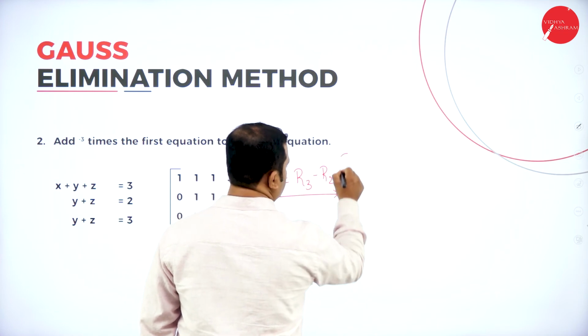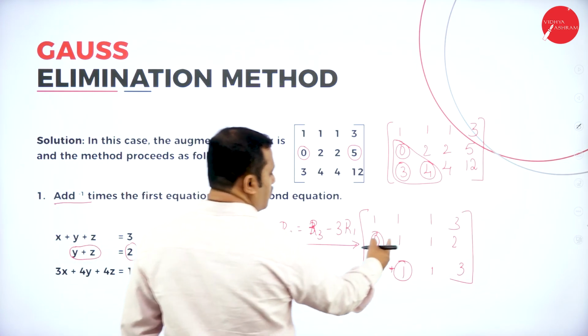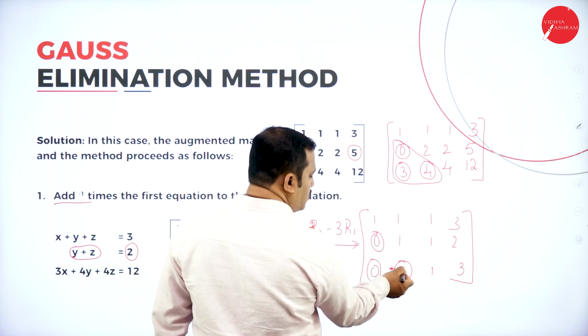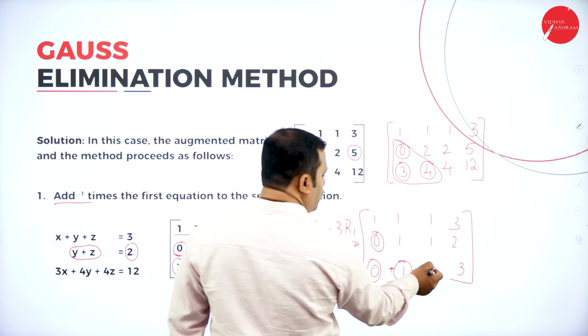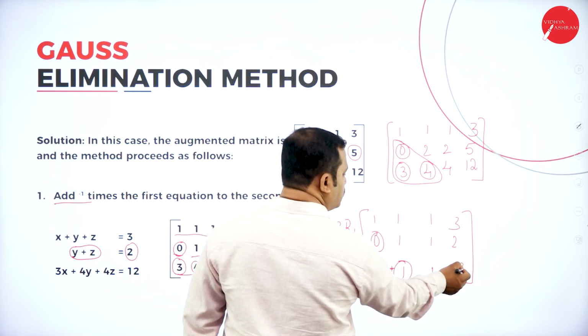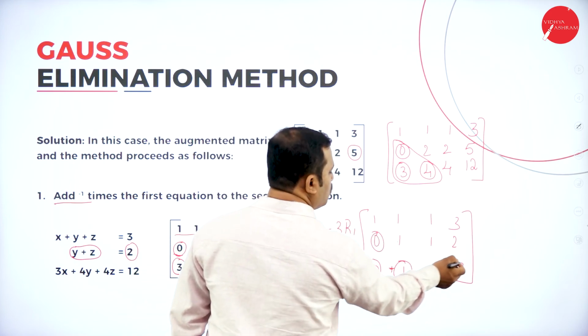This leads to what? See here, observe carefully now. We have the term 1 here, 1 minus 1 leads to 0 here. 0 minus 0 leads to 0. 1 minus 1 leads to 0. 3 minus 2 leads to 1 here. So we have 0, 0, 0, 1 here.